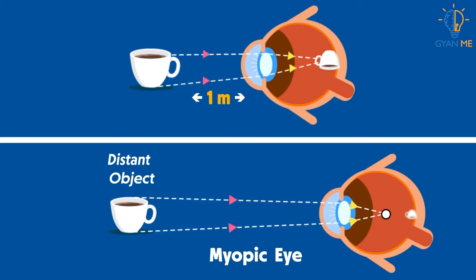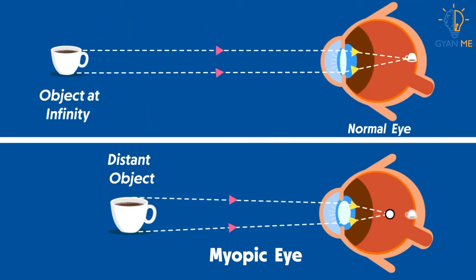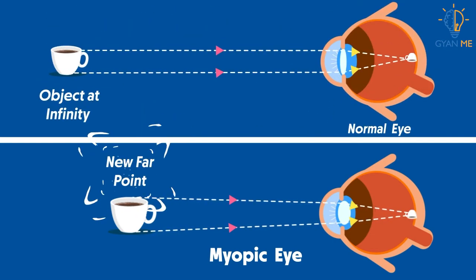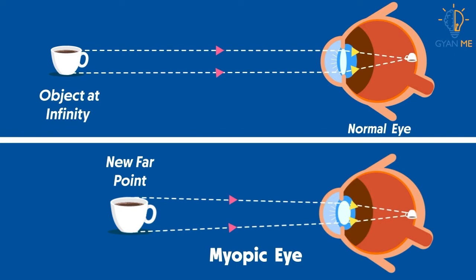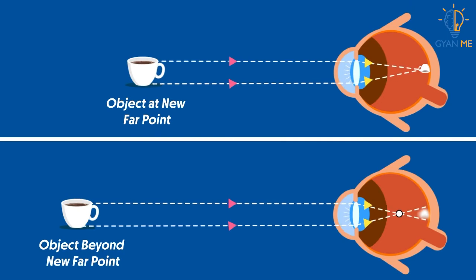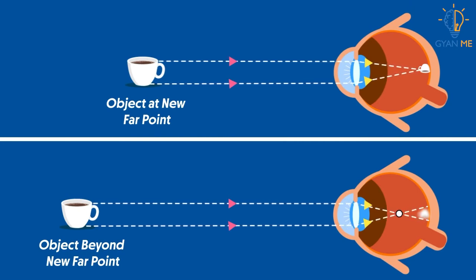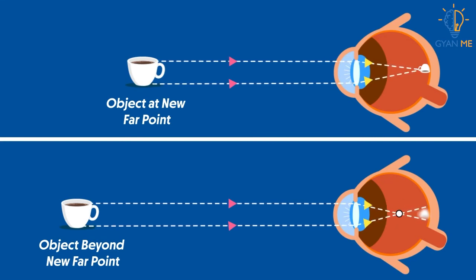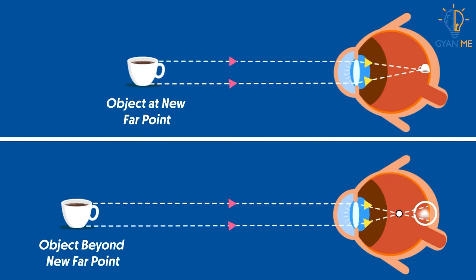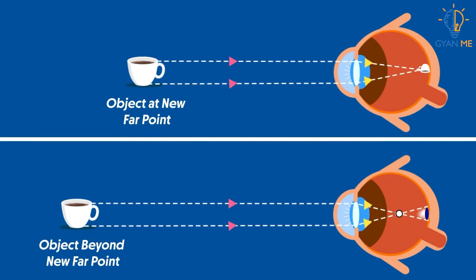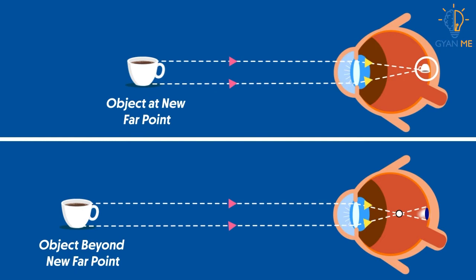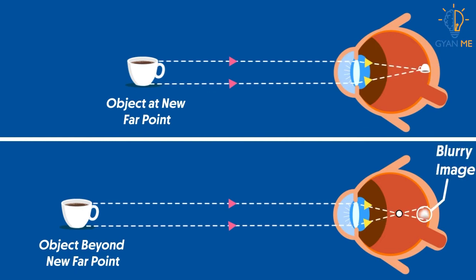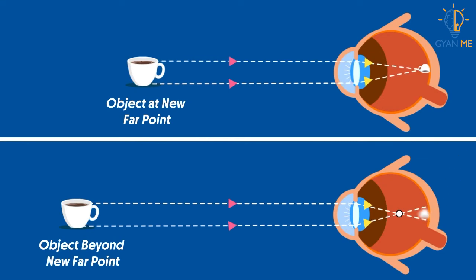Note that this changed point at a reduced distance will be a new far point for the myopic person. In the myopic eye, when objects are beyond the new far point, rays from infinity meet in the vitreous humor. And by the time they reach the retina, the rays have diverged to form a circle and not a sharp focal point. So the image will be blurry and not sharp. So what we need to do is diverge them slightly.